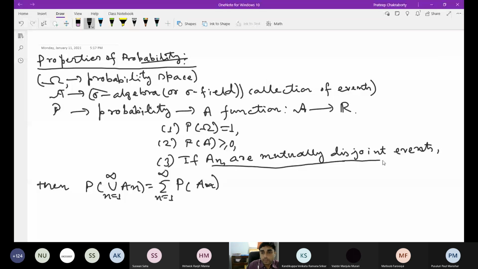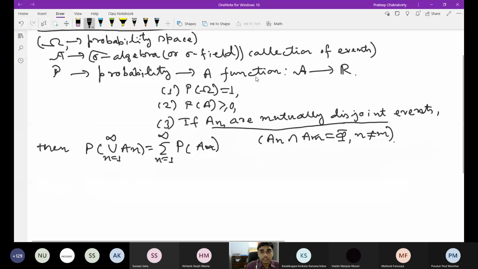So do you know what it means by mutually disjoint? Anyone know? So A_m intersection A_n is the empty set, provided m not equal to n. So this is the definition of probability.